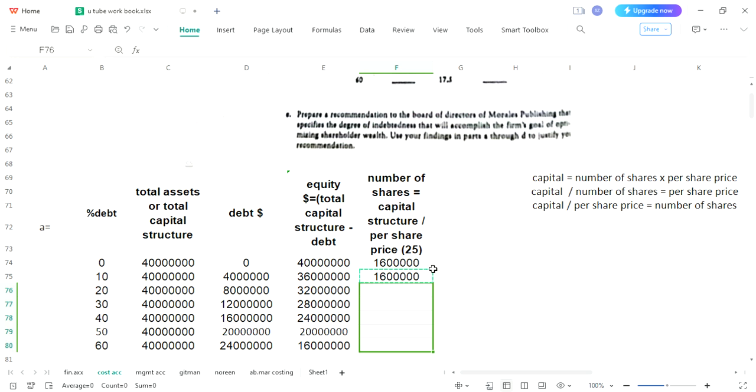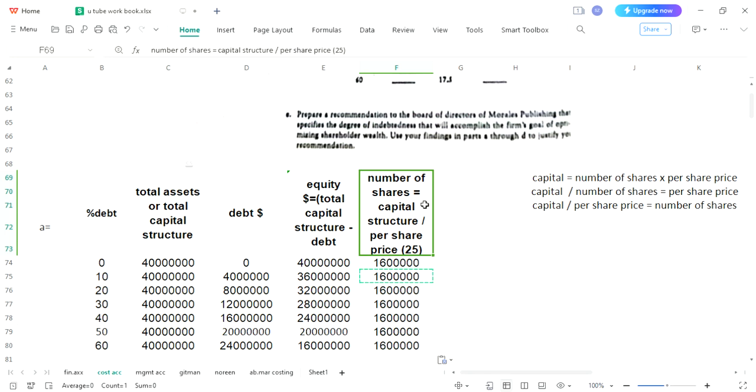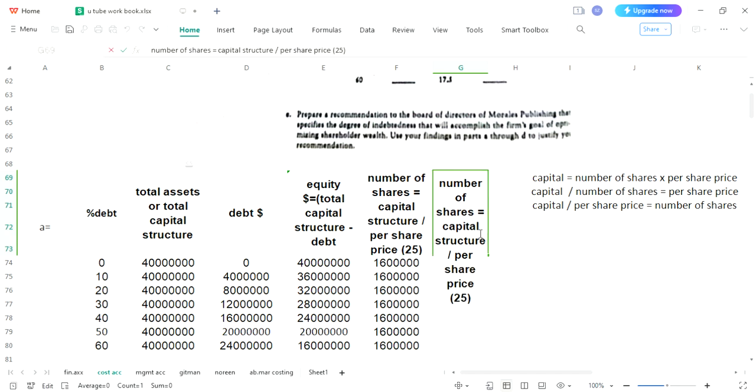In case you calculate number of shares according to this total capital structure, you will have it. But besides this, you will calculate your number of shares if we have some debt. In case of debt, you will be looking for your equity only because number of shares are associated with equity.